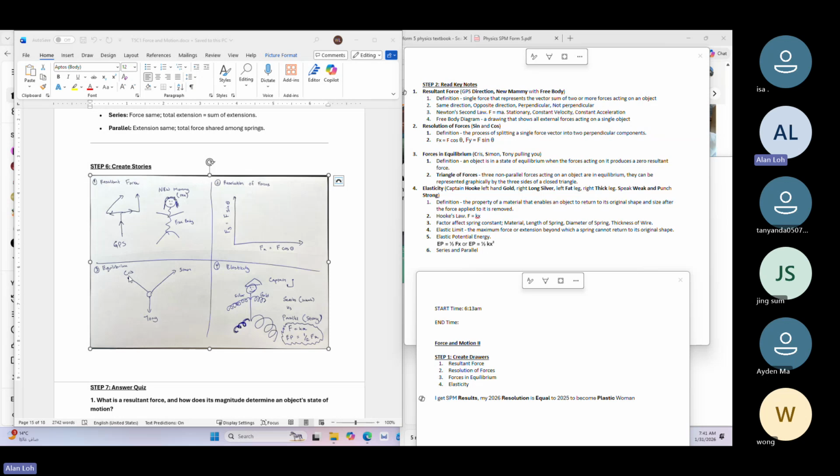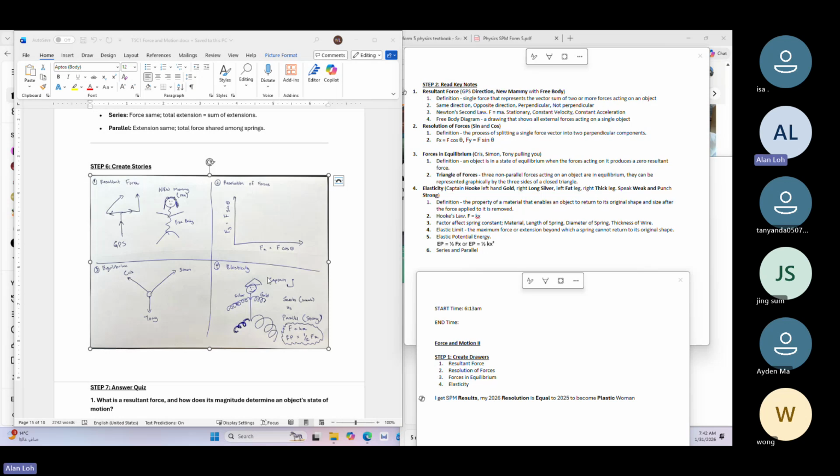You can change C to a girl's name, S to Sarah, T to, I don't know, Tia. So C to Christina. That's pulling you. So you have 3 girlfriends or 3 boyfriends pulling you. They like you so much, they want you to go to the place that they want you to go to spend time with.